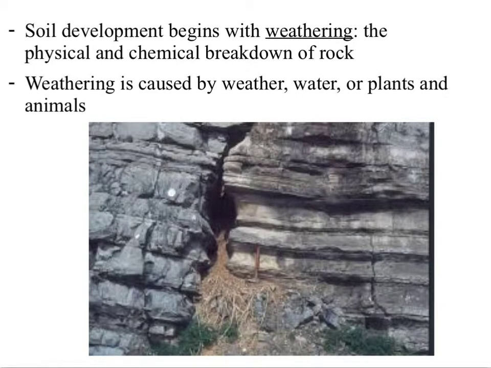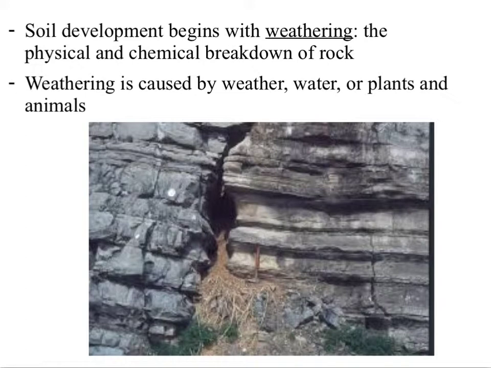Soil development, the creation of soil, has to start somewhere, and it starts with weathering, a process we're going to look at a lot in the future that involves the breaking down of rock. It involves giant pieces of rock crumbling or, through other processes, becoming small pieces of rock. It can be caused by the weather, say when there's a freeze and ice can split rocks up into smaller rocks, or water.